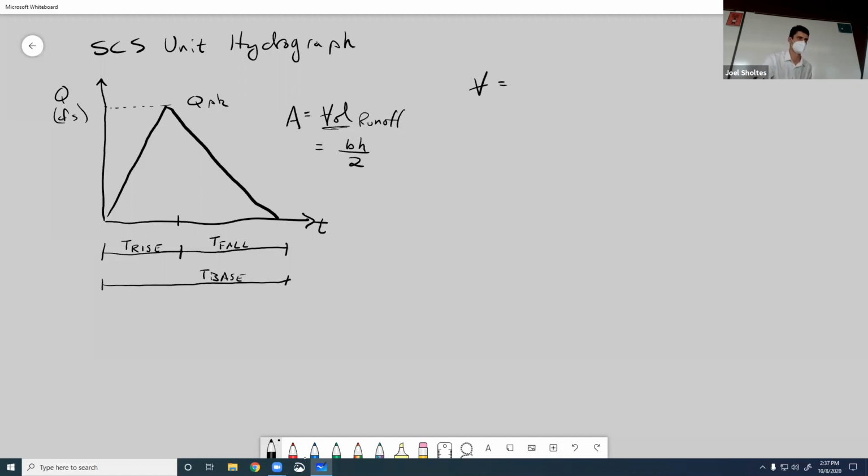So relating it to the triangle, if area is 1/2 base times height, what are those analogous parameters from this? So we'll start with volume is equal to 1/2. What's the base? T base. What's the height? Okay, great.